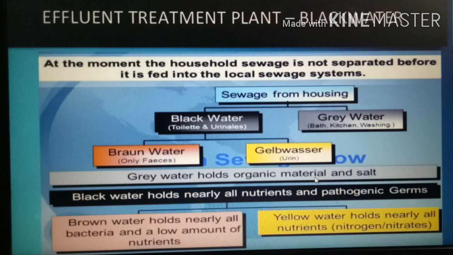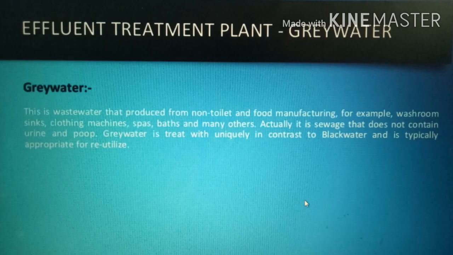Effluent treatment plant, grey water. This is wastewater produced from non-toilet sources and food manufacturing, for example washrooms, sinks, clothes washing machines, spas, baths and many others. Actually, it is sewage that does not contain urine and feces. Grey water is treated differently in contrast to black water.